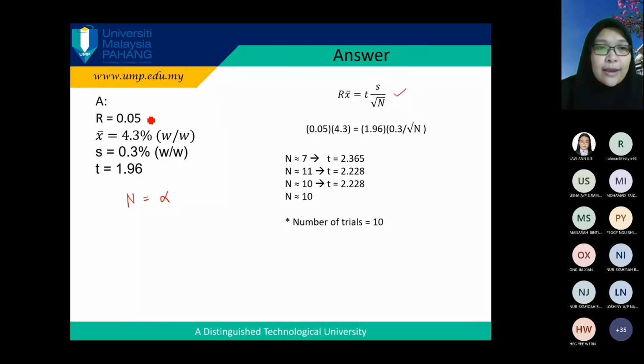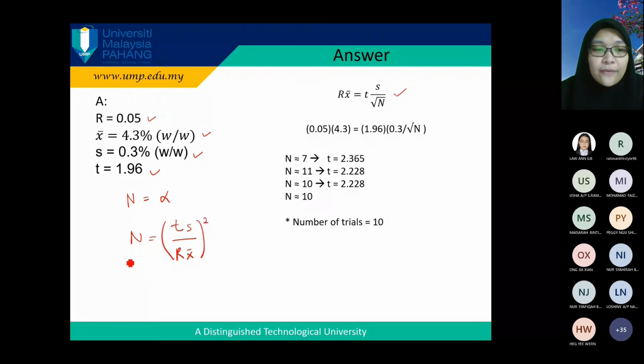So now you already have the value of R, mean, standard deviation, and T. Insert in the equation, TS over R X bar, squared, you get the value of n. Okay, so please try now so that you can see how to calculate this question, and let's see whether our answer is the same or not.